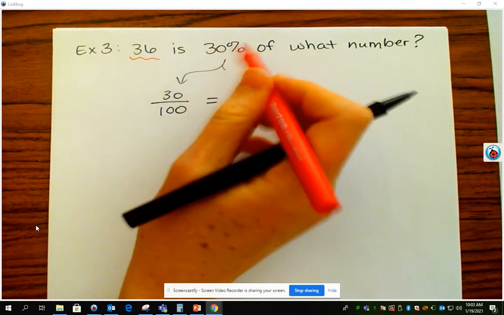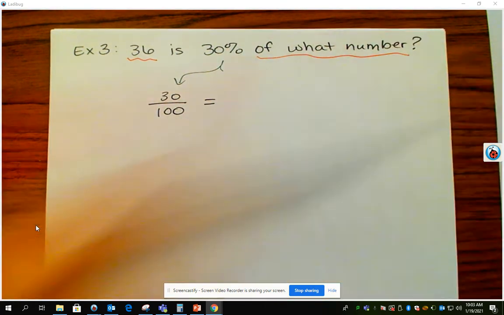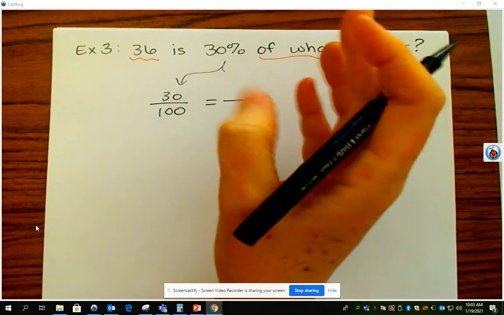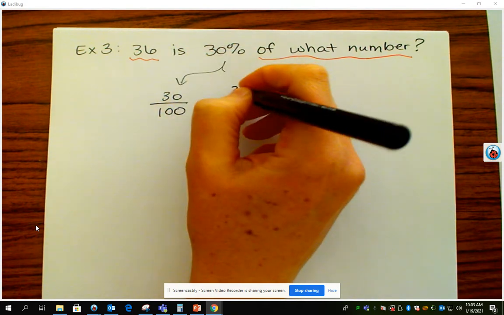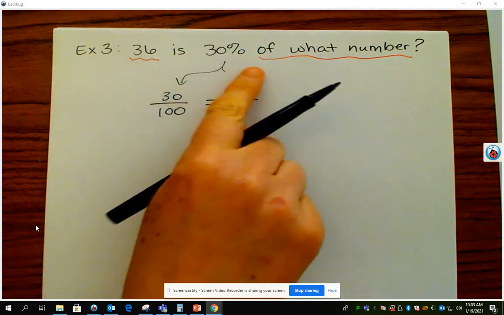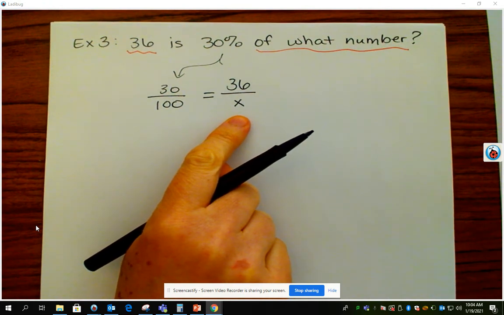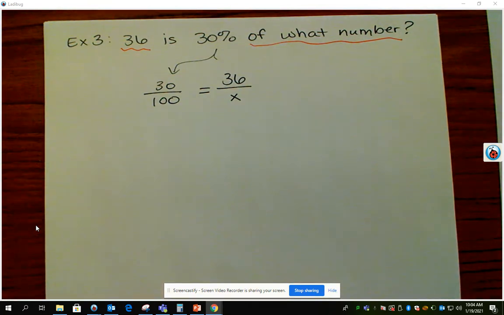36 is a percentage of what number? So that means the big number, the whole, is what we don't know this time. And 36 is the part. It's 30% of what number? So when you set it up, make sure that your 36 is on top and your variable's on the bottom.